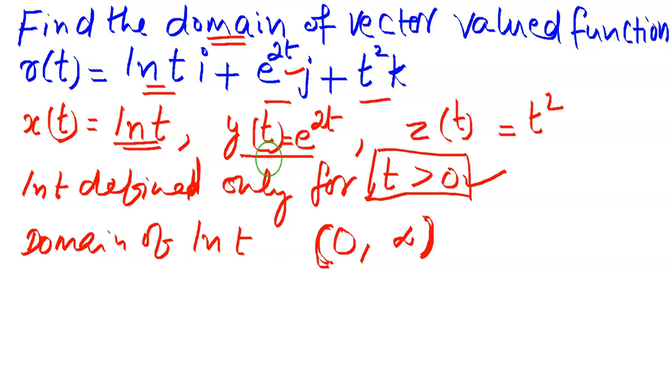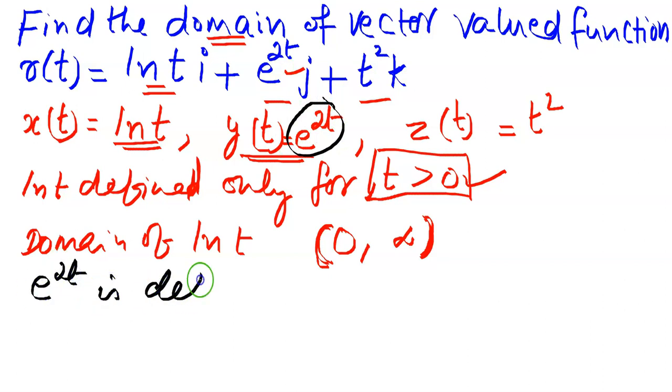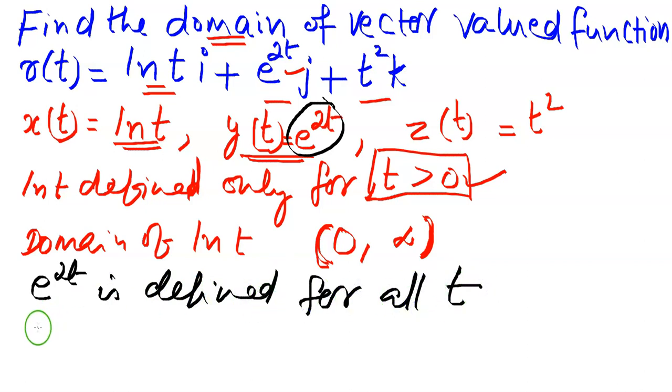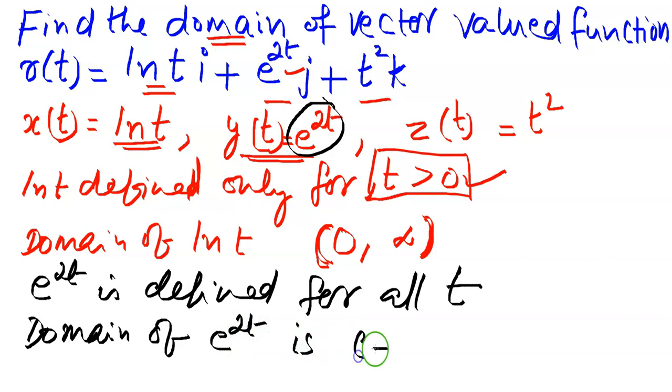Y of t is equal to e raised to 2t. E raised to 2t is defined for all t. Therefore, the domain of e raised to 2t is minus infinity to infinity.